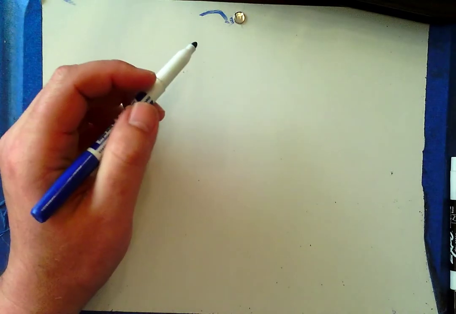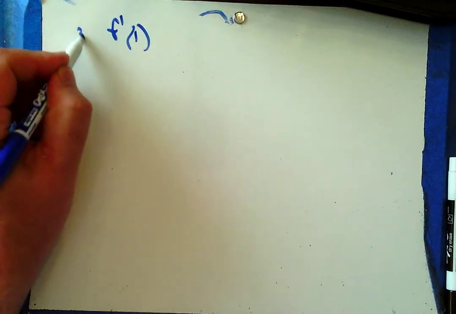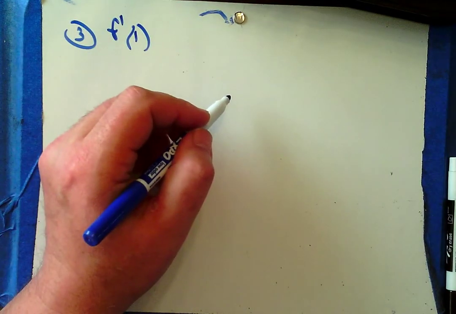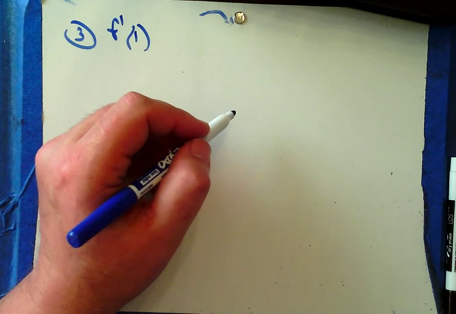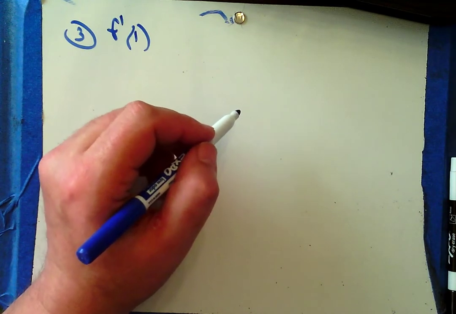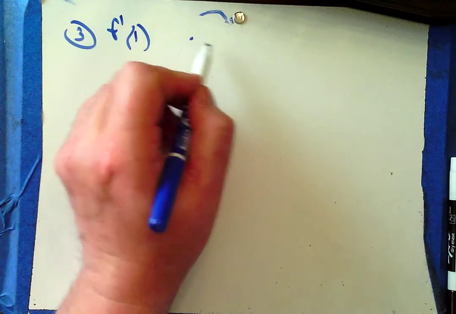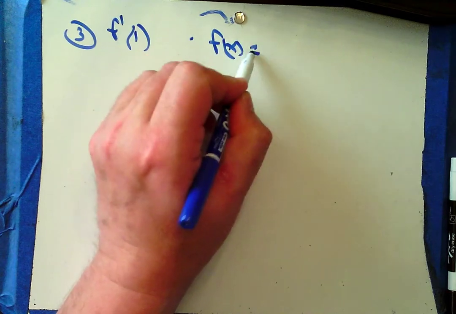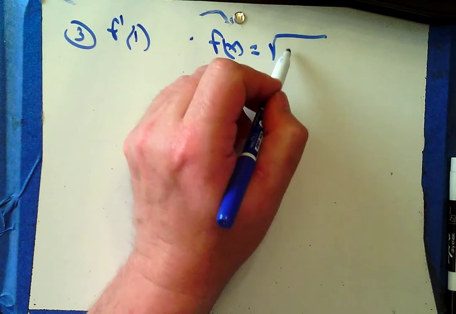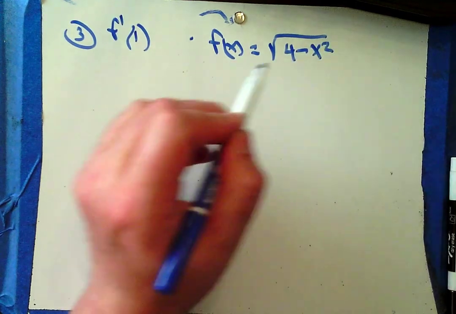Okay, problem number 3. Graph of f is shown above, two semicircles. F prime of 1 will be the slope at 1, which means I need to write the equation of that circle and find the slope at that point, or that semicircle. So f of x, on this interval anyway, is square root of 4 minus x squared.